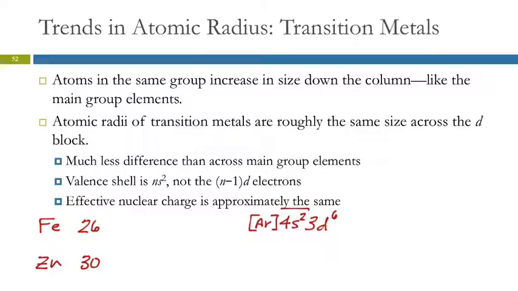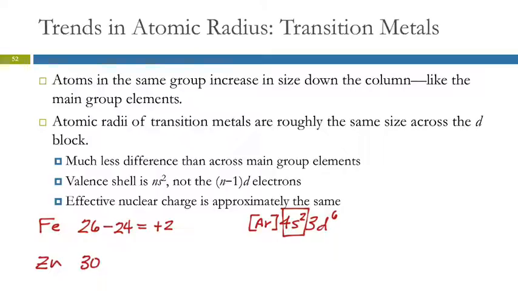So the valence electrons are the 4s2. Everything else is core electrons. If it's got 26 electrons and 2 are valence, that means 24 of them are core electrons. So our effective nuclear charge is +2.